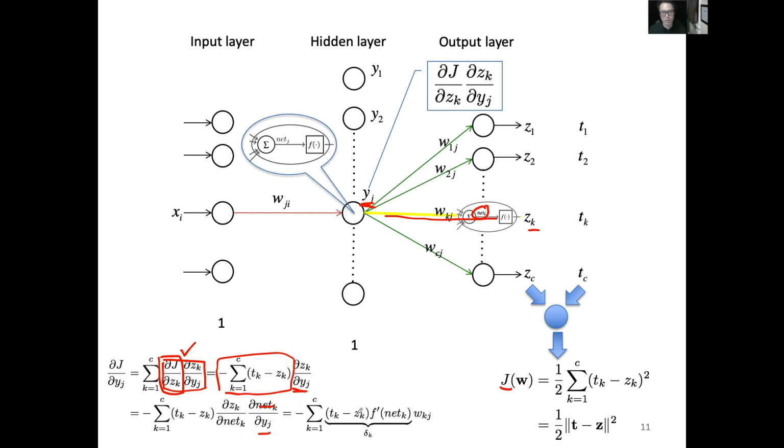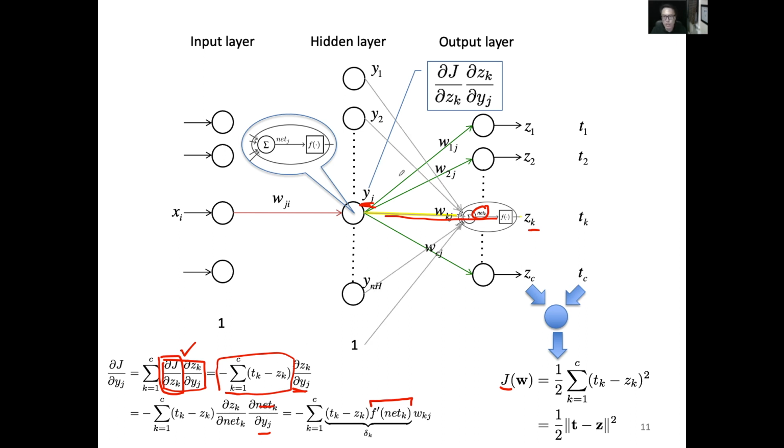So we are going to make things simple now. Partial zk with respect to net k, as what we have done before, is df d net k. So this is the derivative of this function. And then the next one, partial net k with respect to partial yj.